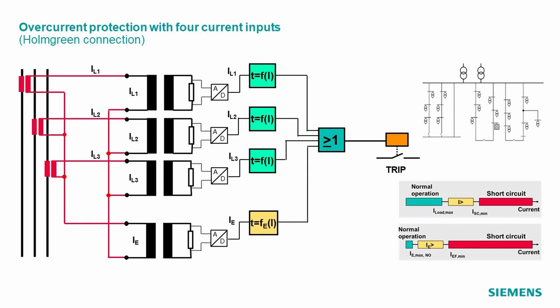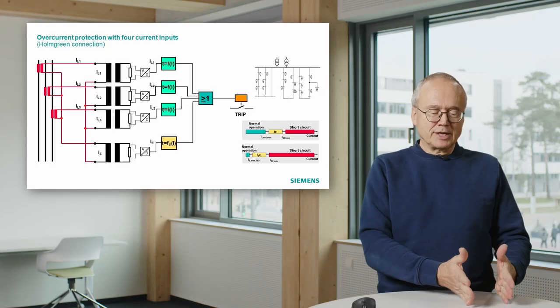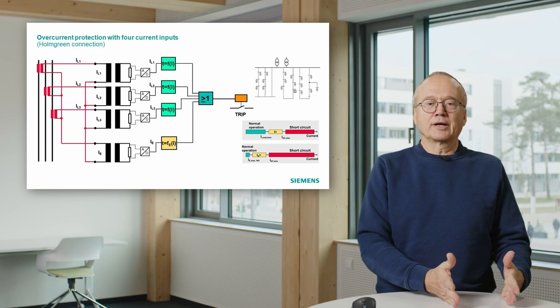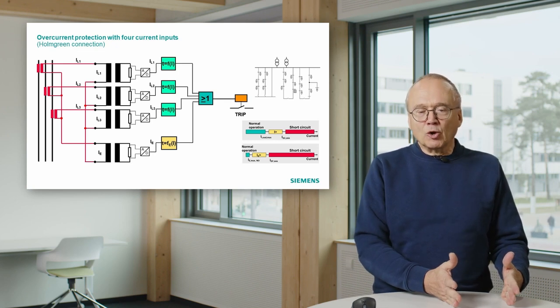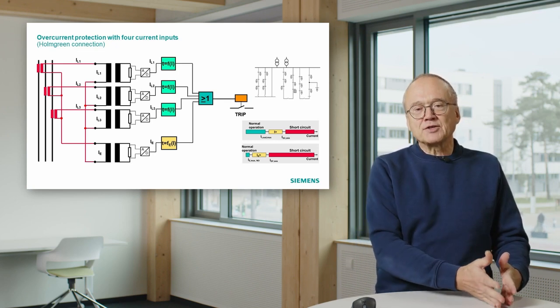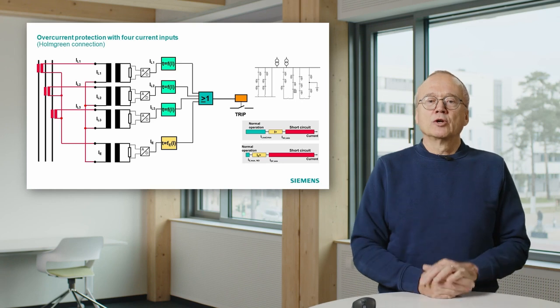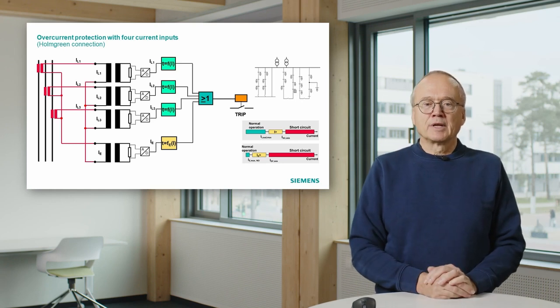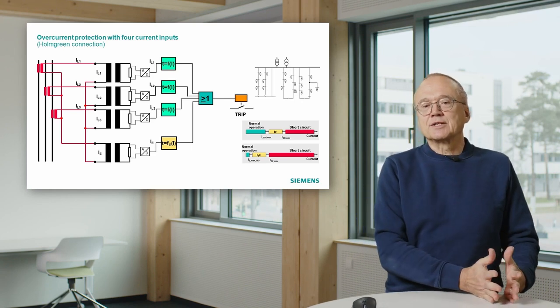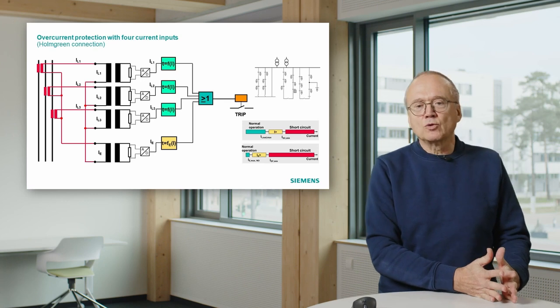Remember then, in the right bottom corner I show these diagrams about the setting. We always have to consider there's a certain range of current which we see in normal operation. For the phase current it's from 0 to a maximum load current. For the earth current it's a very small value.